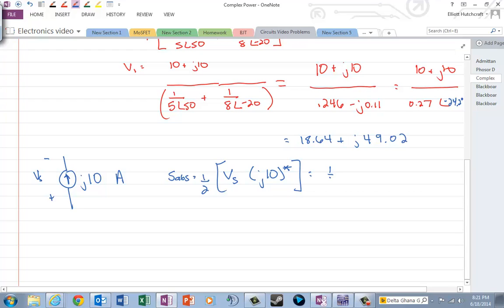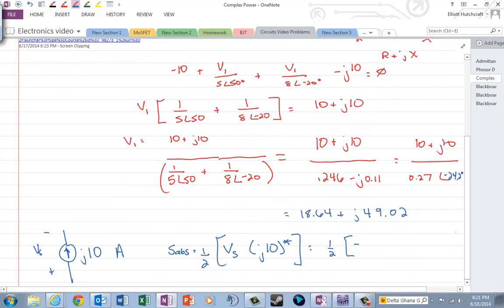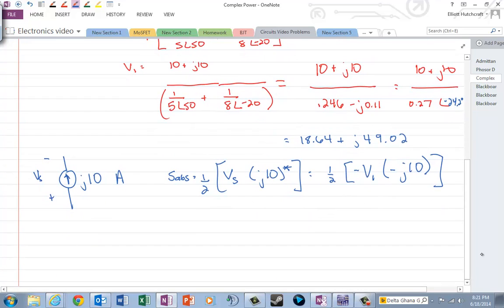This is going to be 1/2 Vs is minus my V1, and J10 conjugate is minus J10. So the minus and minus will cancel, and I'll end up with 1/2 V1 times J10. And that is the complex power absorbed.